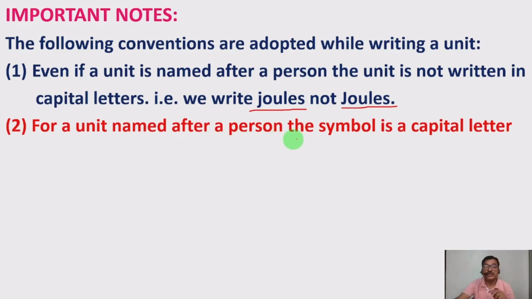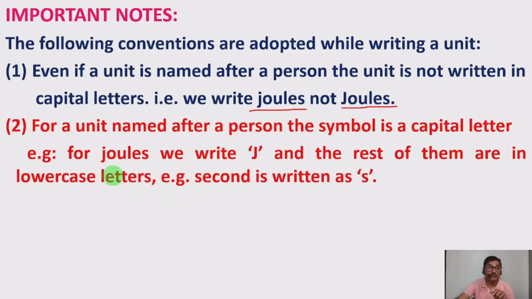For a unit named after a person, the symbol is a capital letter. Example, for joule, we write J. The symbol we should take in the capital letter, but the whole unit name, if you write it, should begin with a lowercase letter. If the symbol is not named after a person, all lowercase we need to take.